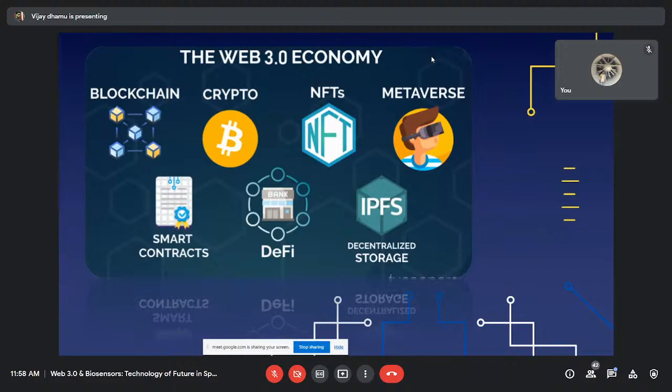I'm going to talk about NFTs because even in the IPL or EPL, from this year, 2022, NFTs have become a part of the marketing campaign or management campaign.